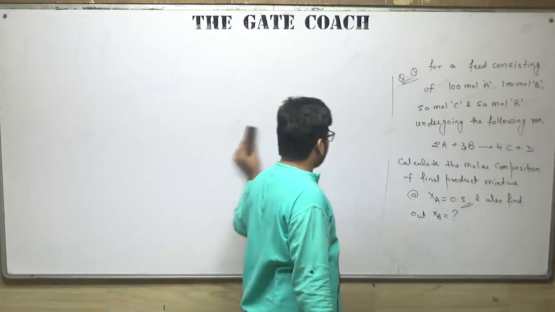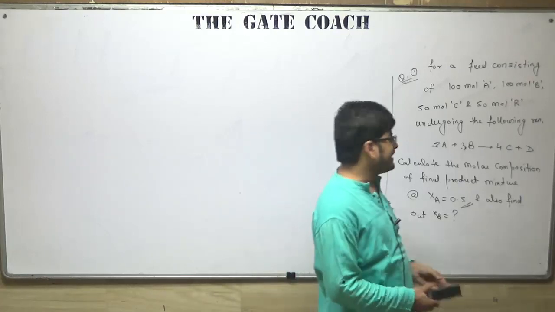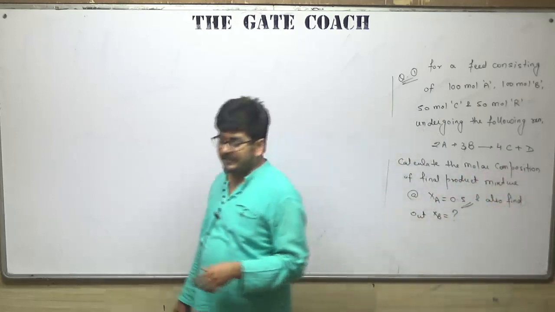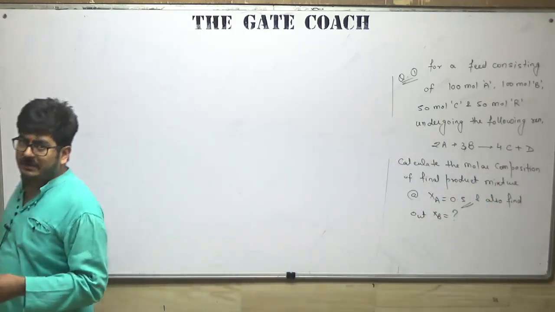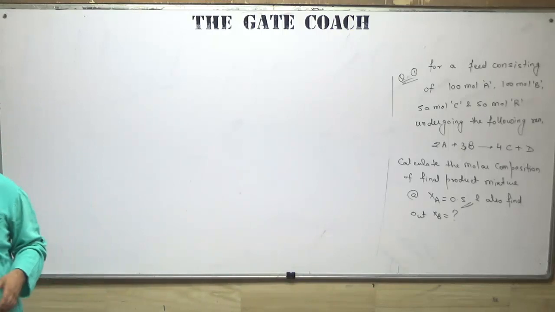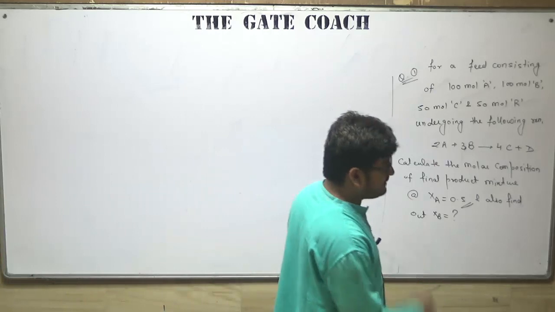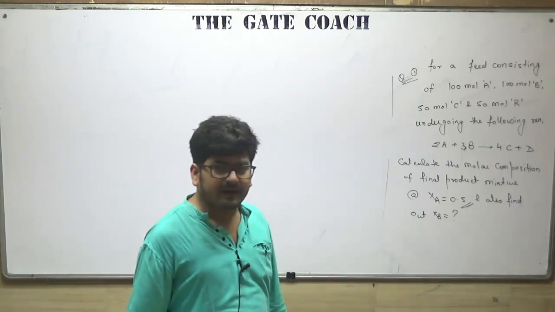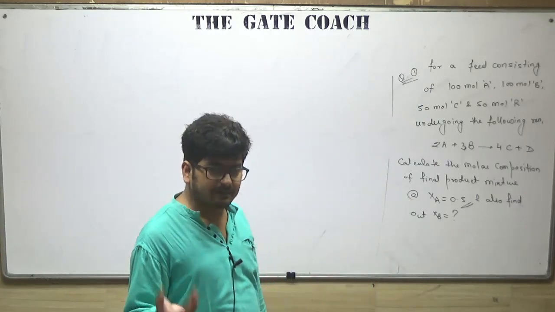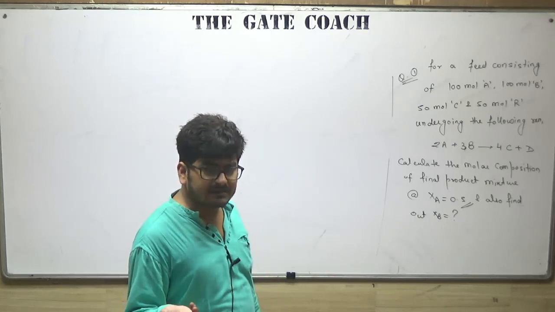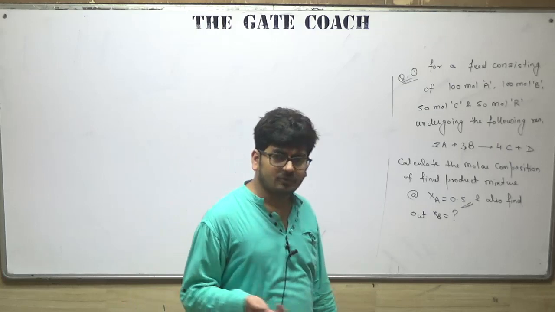In case anyone does not understand the meaning of molar composition, let me tell you: molar composition means the molar percentage of each and every component present in the mixture. If you need to find the composition, you have to find the percentage amount of all the components.